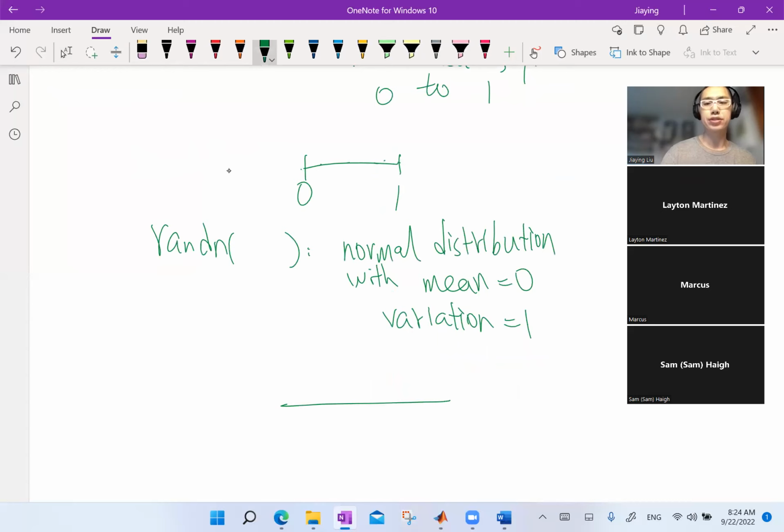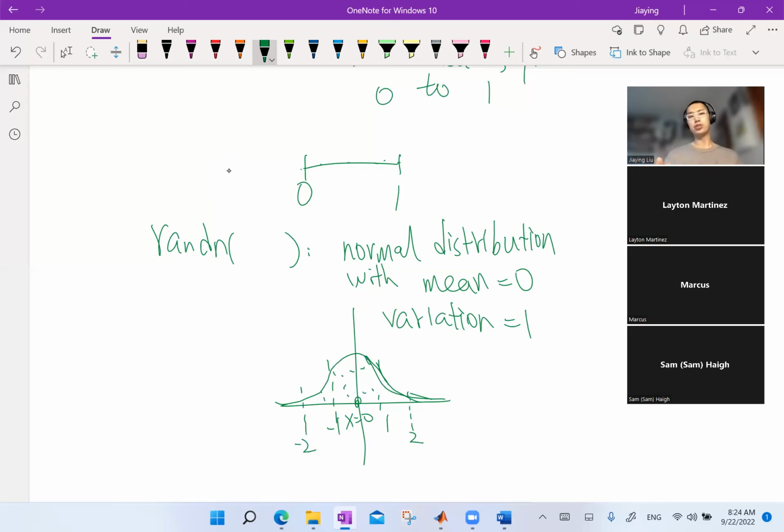If you're familiar with the normal distribution, it gives you a bell curve, which means more values will be picked on both sides of x equals 0. There's a higher chance to pick values between 1 and -1, and less chance to have values between 1 and 2 and between -1 and -2.